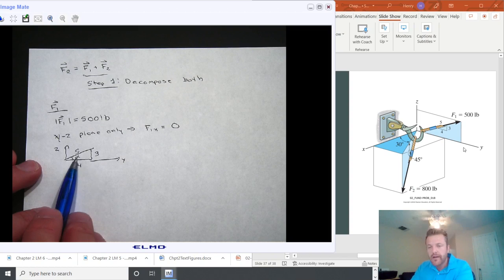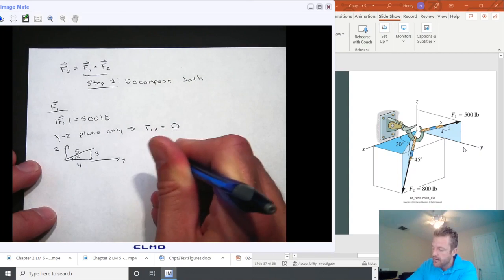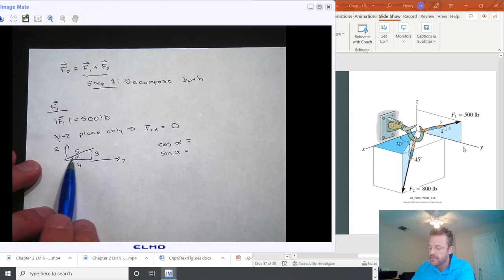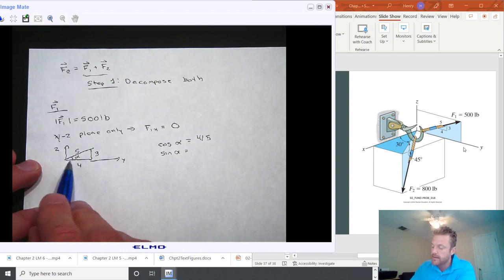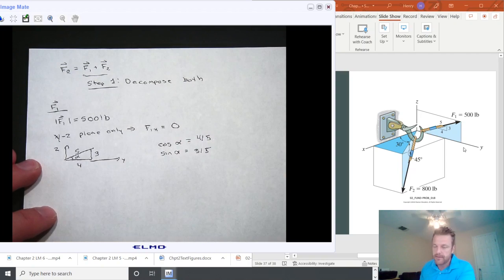We could actually get it by taking the inverse tangent of 3/4, but that's going to result in some unnecessary math. All that we'll need in our decomposition is an expression for the cosine and sine of this angle. And just following our trigonometric rules, the cosine of this angle is adjacent divided by hypotenuse, or 4/5, that ratio of side lengths. And in a similar fashion, the sine, opposite over hypotenuse, is 3/5.